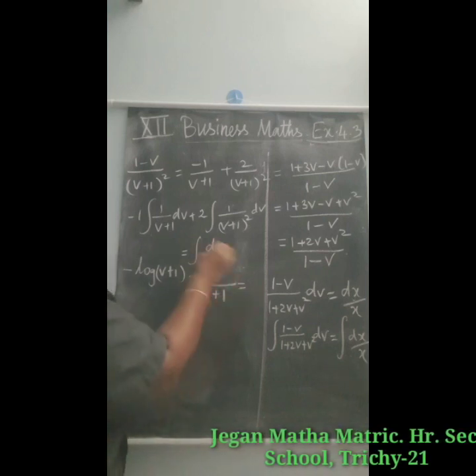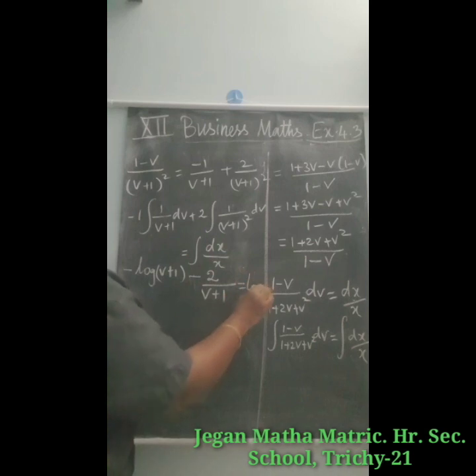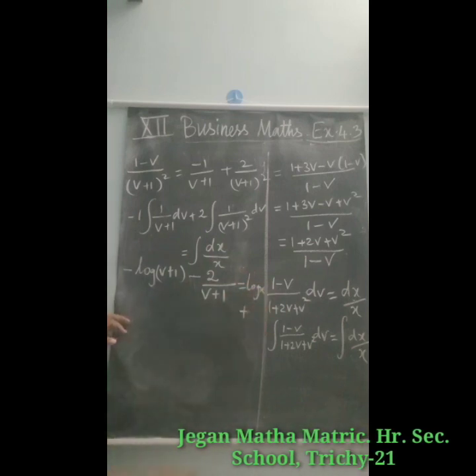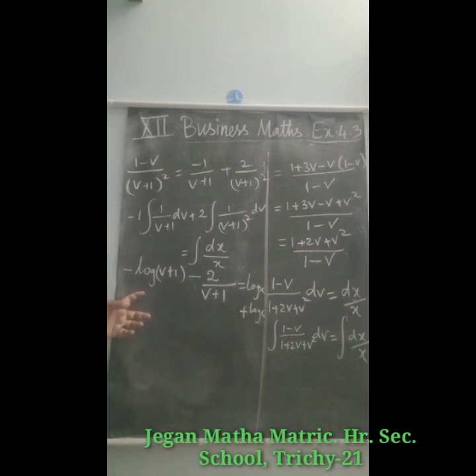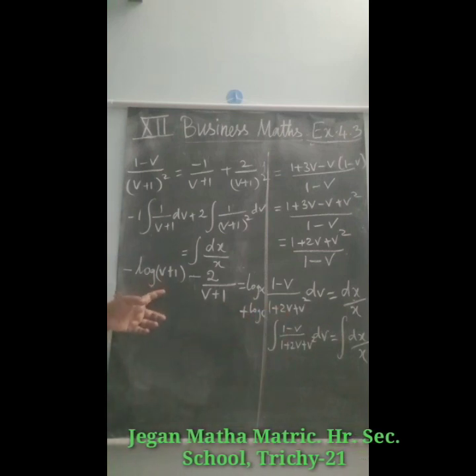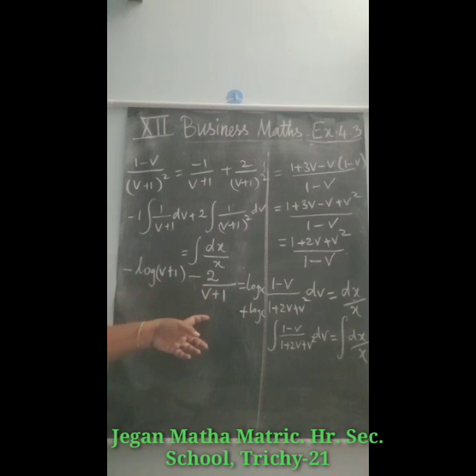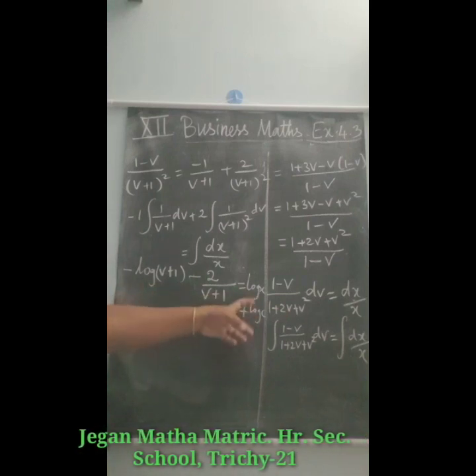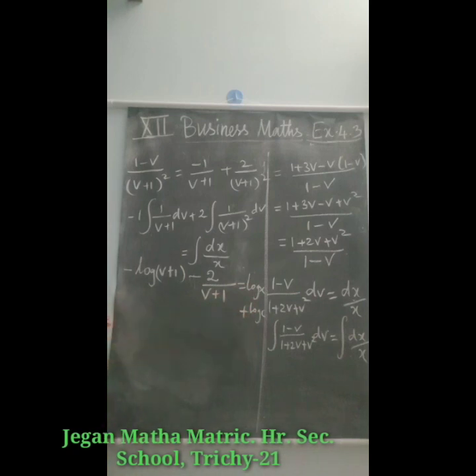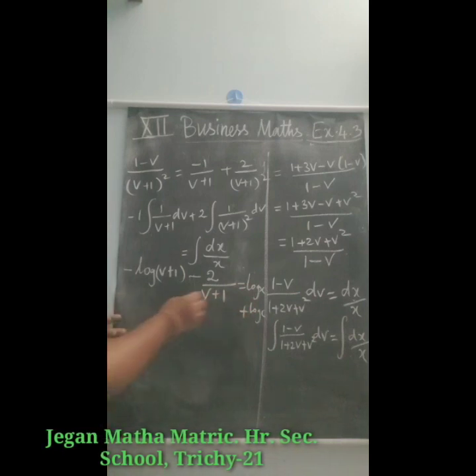And what is in the right hand side? That is log x plus log c. Now what we have to do? This is minus log (V plus 1) minus 2 by (V plus 1) is equal to log xc, because it is in the plus, so we have to write it as a multiplication.